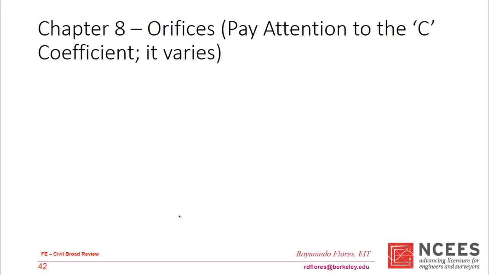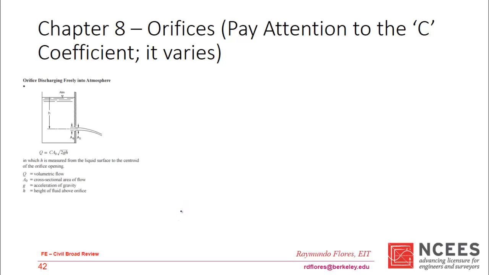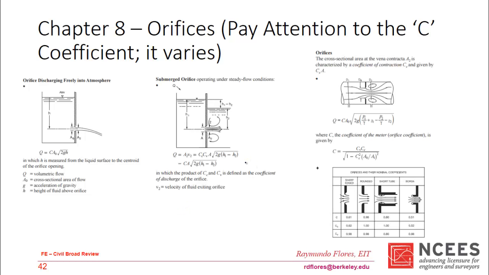We'll just move on. Now with orifices, you want to pay attention to what the C is, the coefficient, because it can vary. For example, the coefficient in both of these cases is going to be used in the same way. For these types of problems, where it's submerged and this one's discharging, the C is the product of CC and CV.